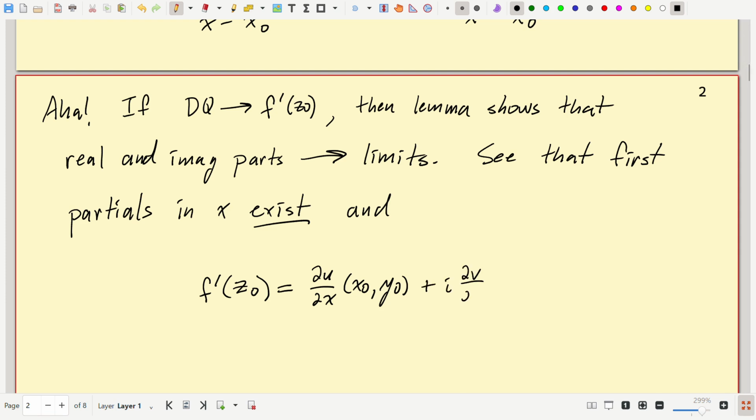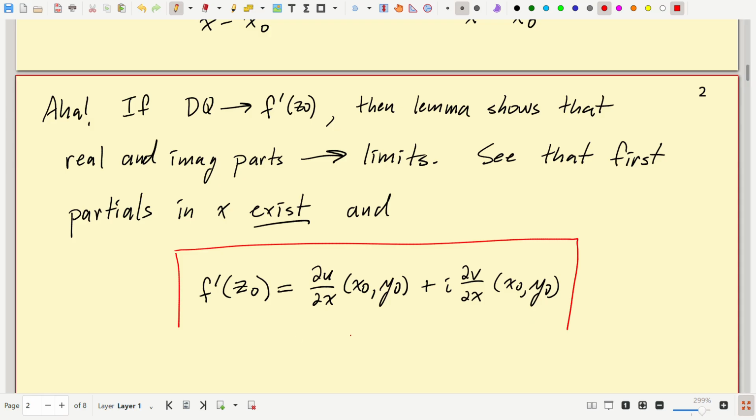This is kind of the easy direction. I'm going to get a red box number 2. It's going to look different, and that's going to give us the Cauchy-Riemann equations. Red box number 1 is the easiest of the 2 red boxes to remember.